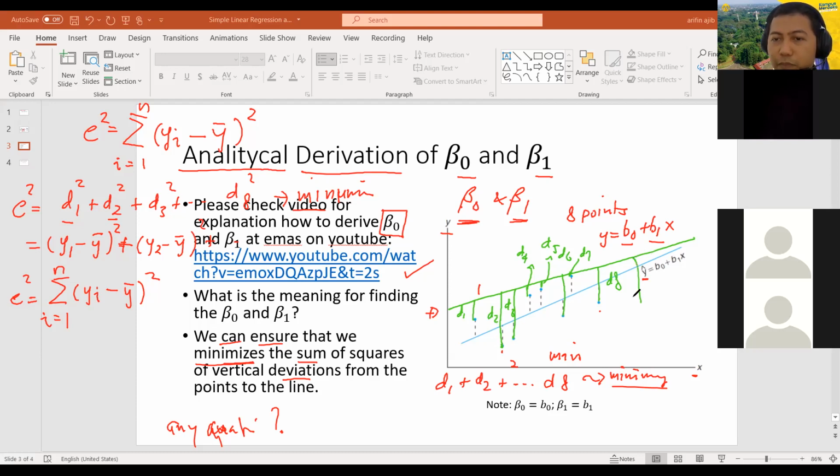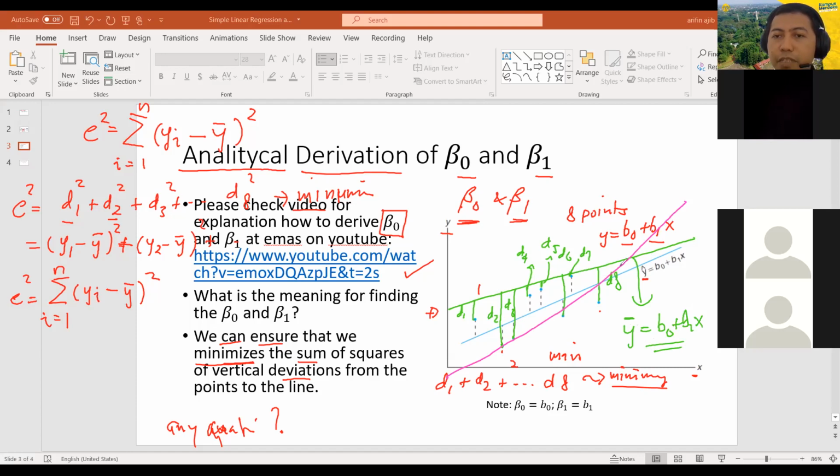Nah, garis biru ini boleh saja, estimasinya sama dengan B0, tapi yang hijau B1X. Boleh saja kan? Dari banyaknya kemungkinan, misalkan saya gambar lagi pakai yang ungu. Boleh juga.